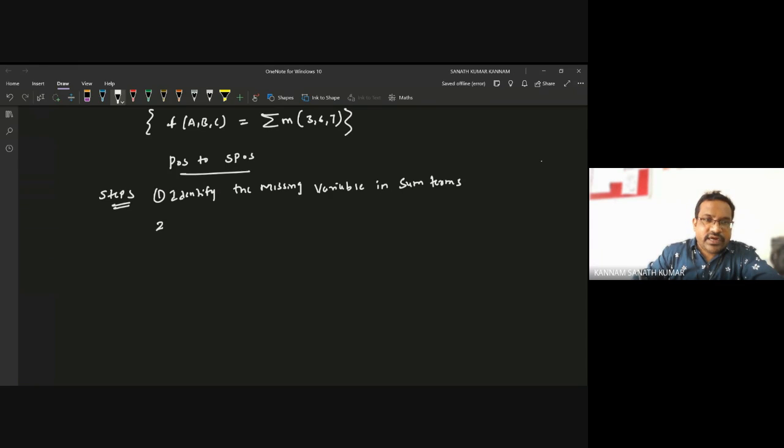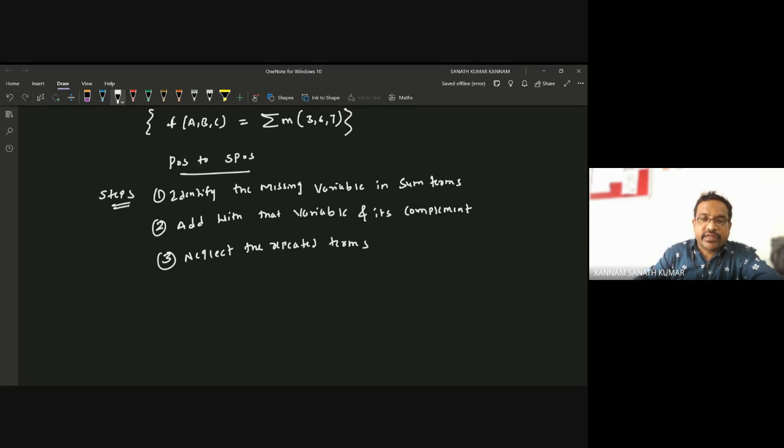After identifying, what you need to do? Add that missing variable multiplied with its complement, and then neglect the repeated terms. We'll see one example.